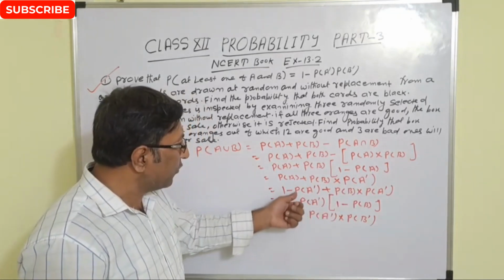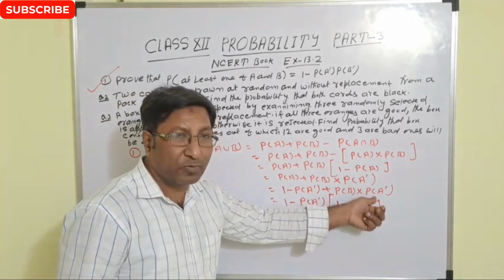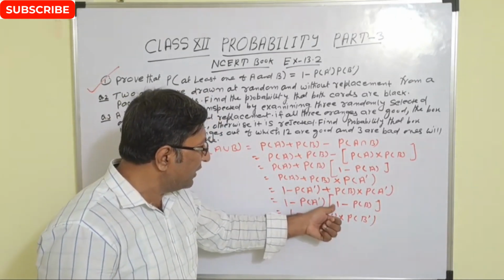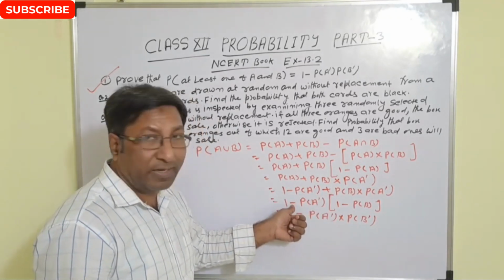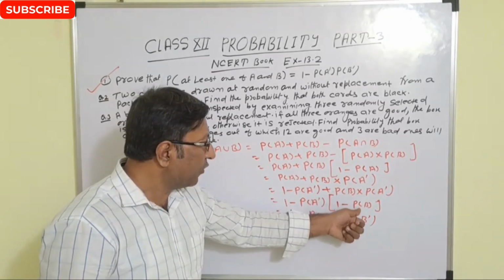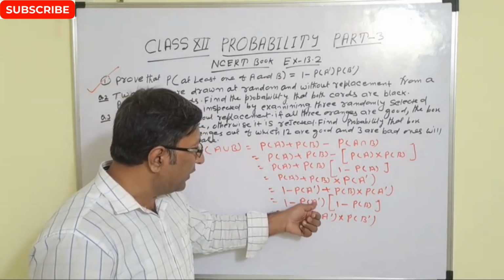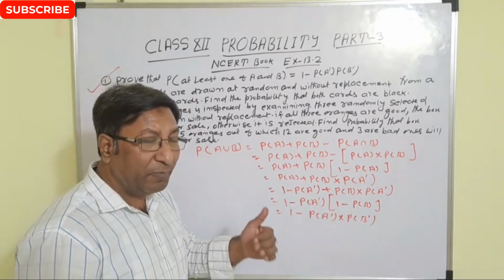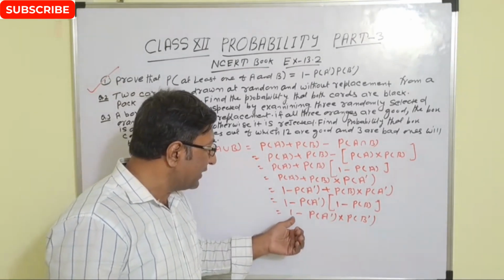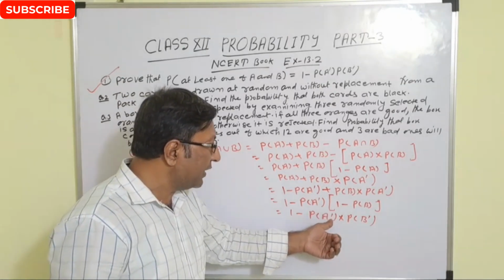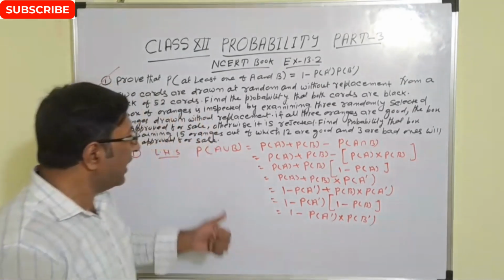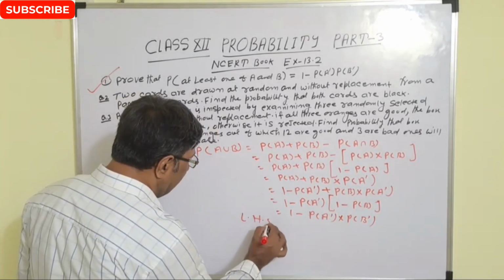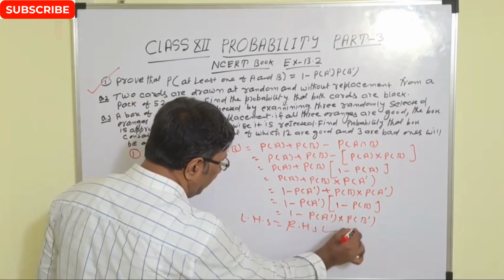In both cases probability of A naught is there, so we can take common: 1 minus probability of A naught, and here minus probability of B, again 1 minus probability of B, that is probability of B naught, B dash. So our correct answer is 1 minus probability of A naught into probability of B naught. So we have proved LHS equal to RHS.